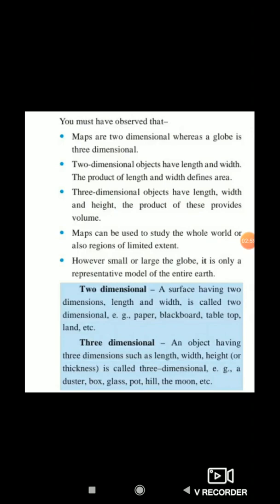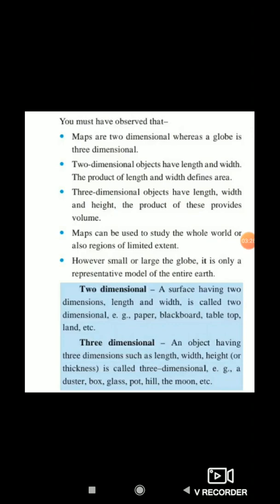But however, a small or a large globe, the model of the earth, whether it is a small globe or a large globe, it is only representative of the model of the entire earth. Small or large, it makes no difference. It represents only the model of the entire earth.